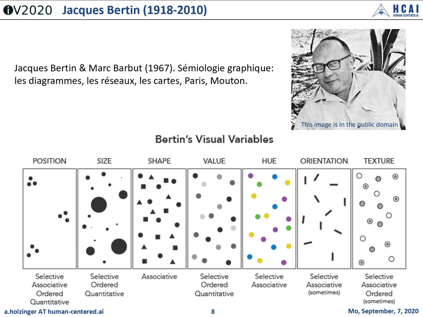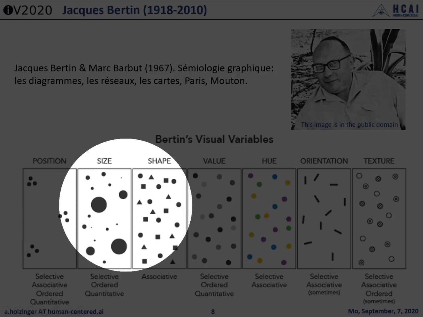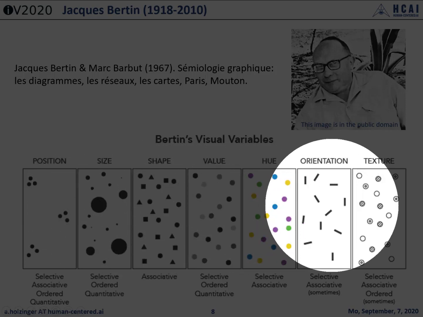When recognizing compound structures, we can make use of either Gestalt laws and the work of Jacques Bertin. Jacques Bertin proposed a set of visual variables, for example, position, size, shape, value, hue, orientation, texture.